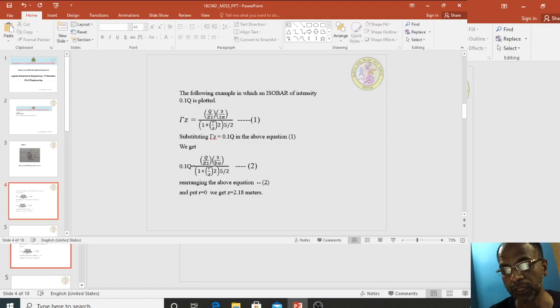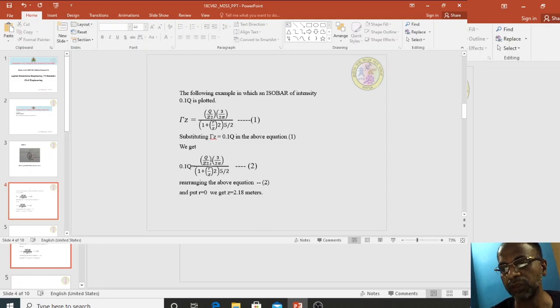If you simplify the 3 by 2 pi, Q and Q cancel, and you rearrange this equation in terms of r by z. Now suppose I put r value equal to 0, then 1 plus r by z whole square whole to the power 5 by 2 is equal to 1, so 0.1 times Q is equal to Q by z square into 3 by 2 pi.